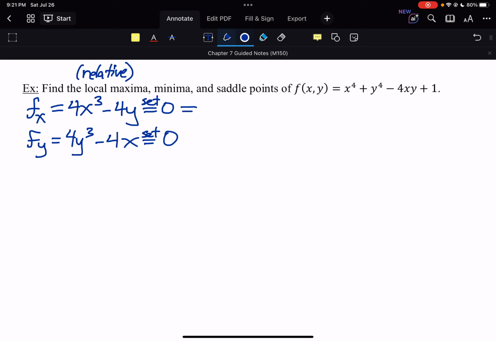And now we solve for x and y however we can. So this one, I'm going to add the 4y over and divide by 4. So we end up with y is x cubed.